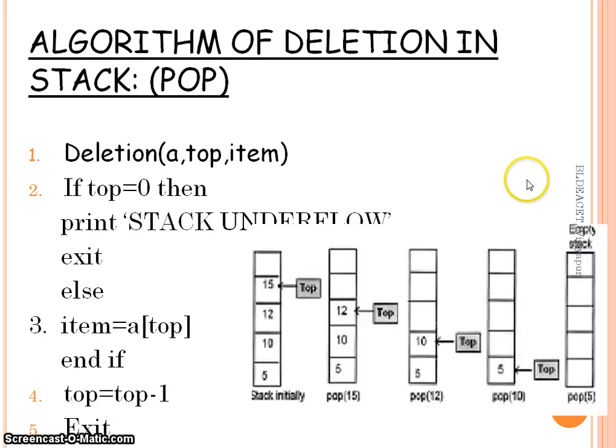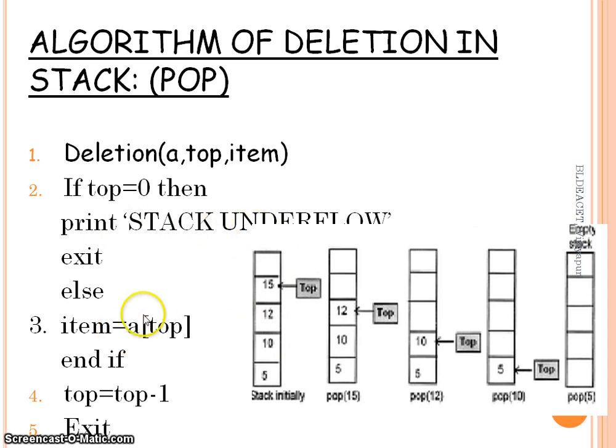Similarly you can perform the delete operation, also called the pop operation. Before deleting an element from the stack, you have to check one more condition called stack underflow. If top equals 0, it means the stack is empty and you cannot delete any elements. So before deleting, make sure elements are present in the stack; otherwise, print an appropriate message, stack underflow.